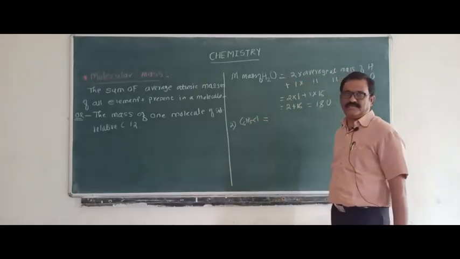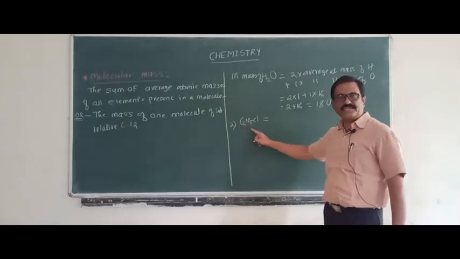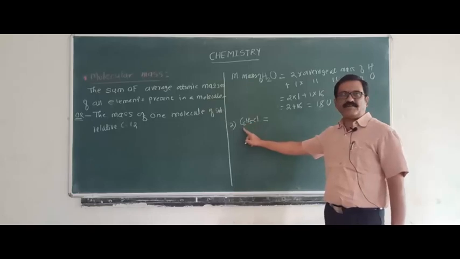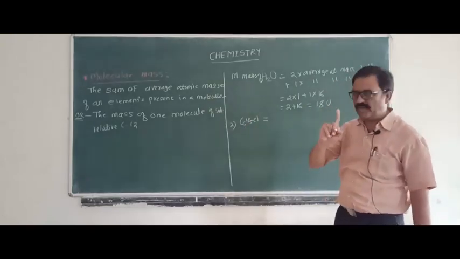C6H5Cl. It contains carbon, hydrogen and chlorine elements. The number of atoms of carbon is 6, hydrogen is 5 and chlorine is 1.